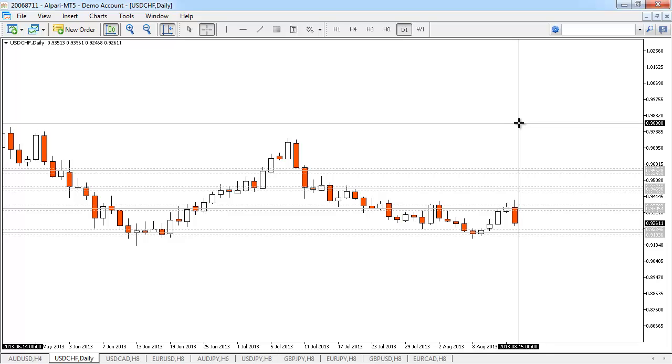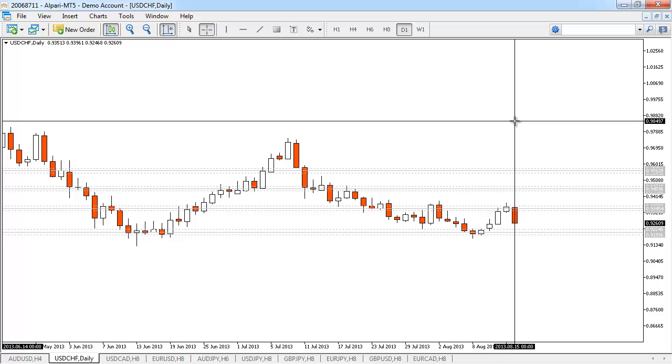So 0.9850, which is roughly there, that's a psychological level. It's just these rounded numbers because traders tend to place their stop losses and their entry targets at rounded numbers. And that's why rounded numbers tend to have a little bit of support resistance.